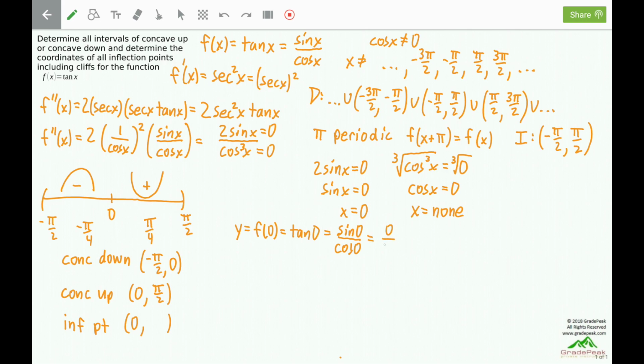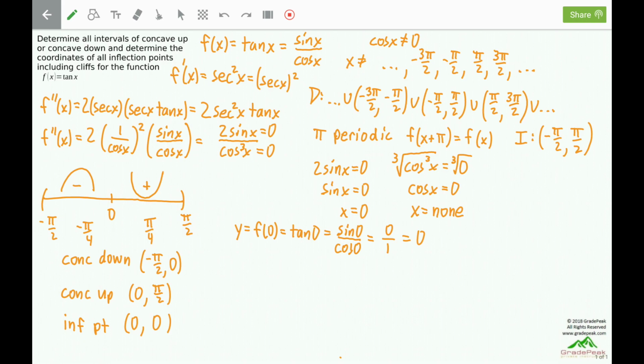Sine of 0 is a 0, cosine of 0 is a 1, and 0 divided by any non-zero number equals 0. So it has a corresponding y-coordinate of 0. It's at the origin. So there is the result over the interval of negative pi over 2 to positive pi over 2.